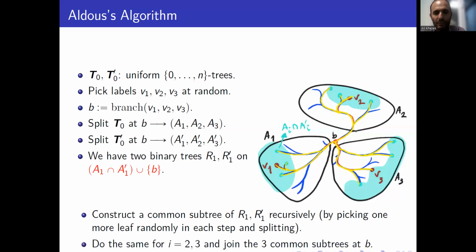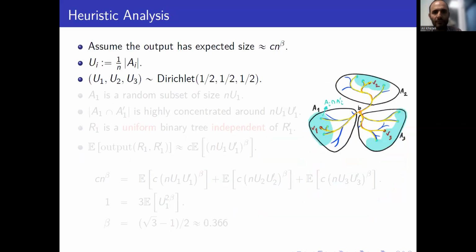So this was the definition of the algorithm. Now it's time to analyze the algorithm to show that it produces a large subtree. So first, Aldous gives a heuristic analysis, and then the precise proof, which surprisingly uses the heuristic, but the heuristic itself is not precise.